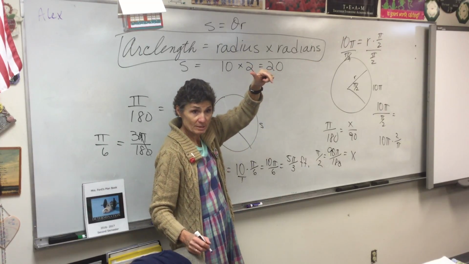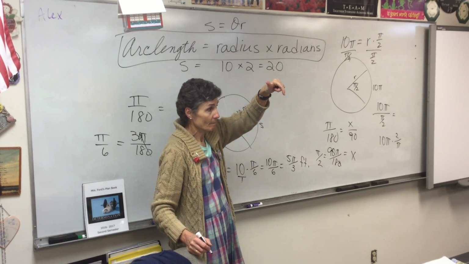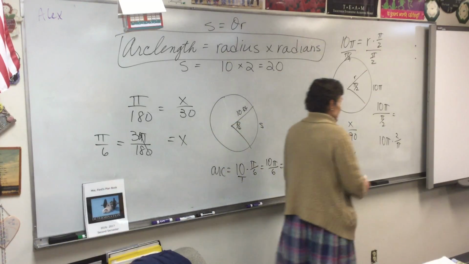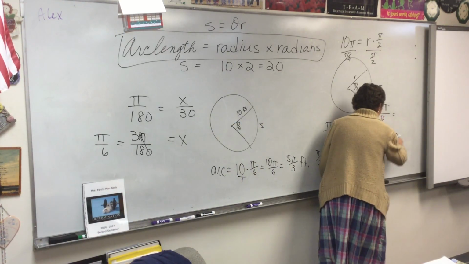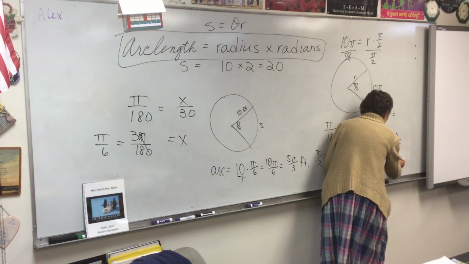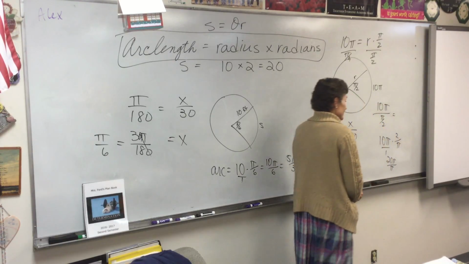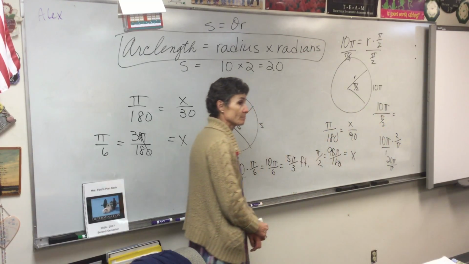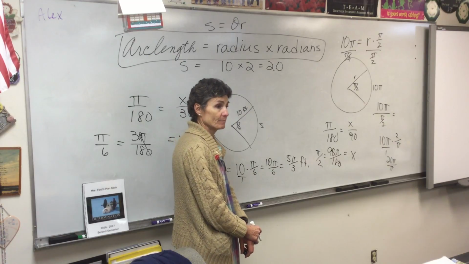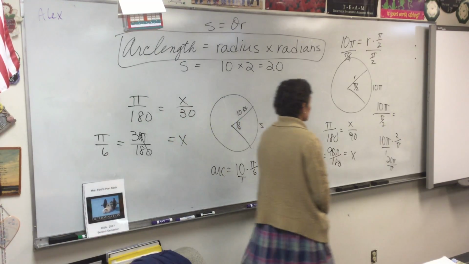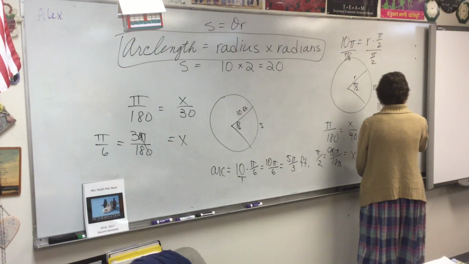Right? We multiply by the reciprocal. Now, this is a fraction of multiplying straight across. So we have 20 pi over pi. That's what I got. Is that what you got? What is that? 20. The answer is 20.